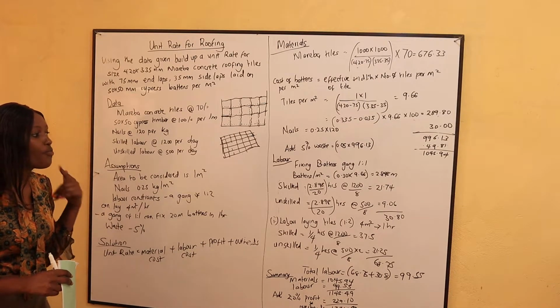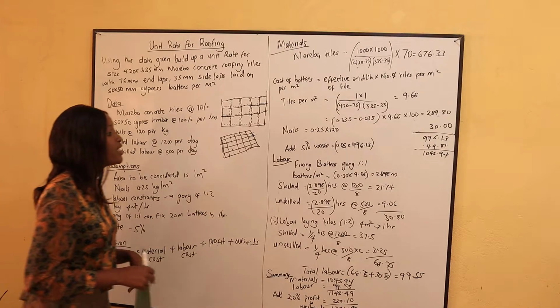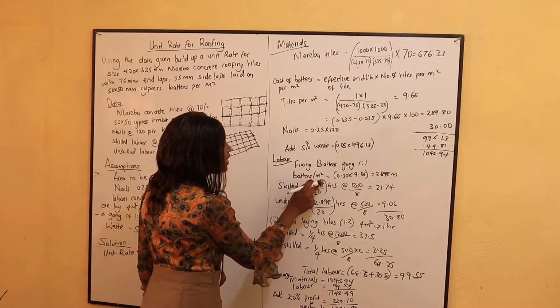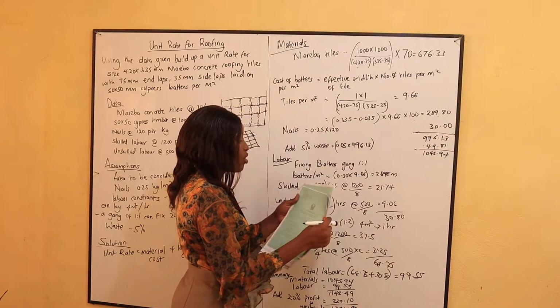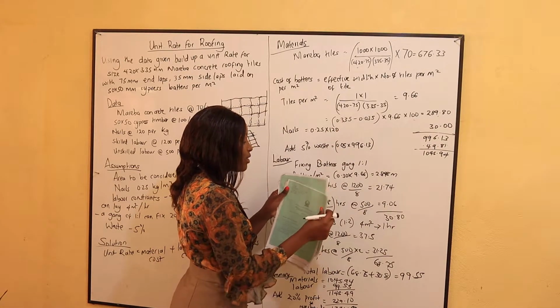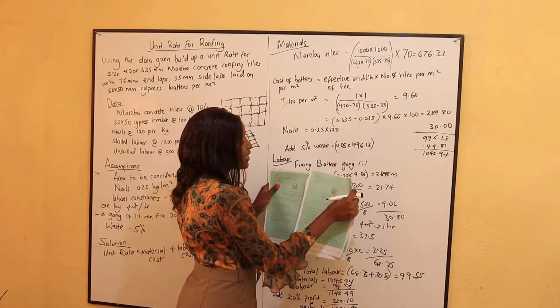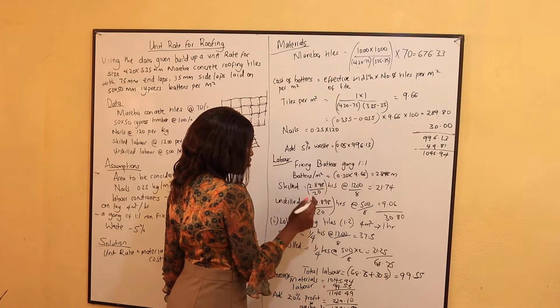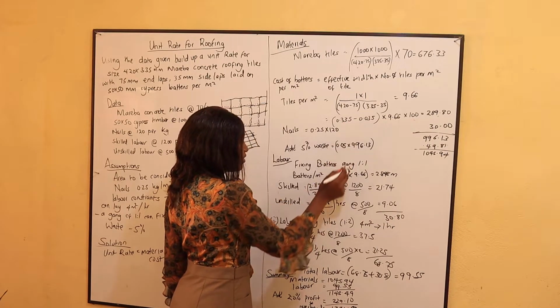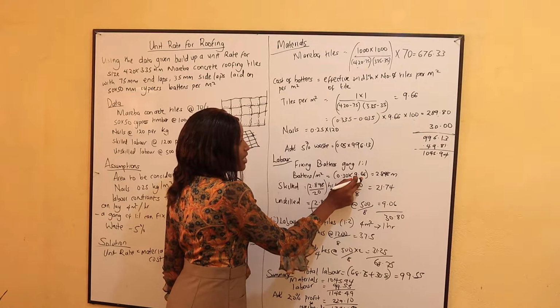Then what length of buttons do we have? The buttons in 1 meter squared, we shall take the length of one tile, the width of one tile, we deduct by the side lap, we get 0.30. This one was giving us 0.30 multiplied by the number of tiles.